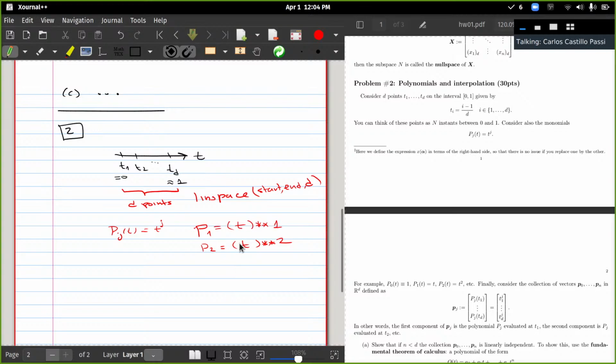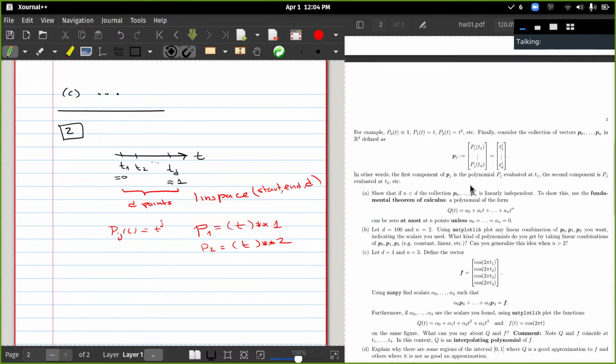So t raised to the power of 1, t raised to the power of 2, those are our vectors we are defining. Then show that n, what is n? What's the definition of n? The number of vectors. So this goes until the polynomial n, that is t raised to n. The number of points is d, and the number of polynomials is n.